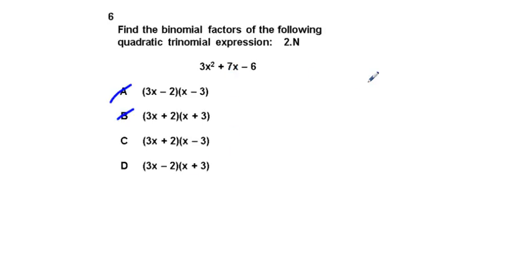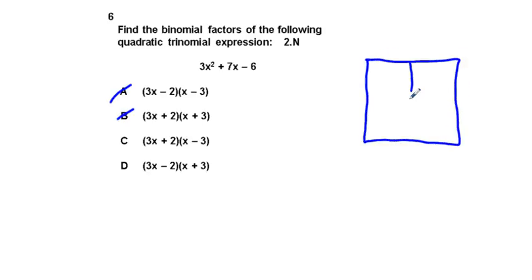You can factor and go straight to the answer as if you didn't even have an answer choice. And you can say 3x squared here and negative 6 here. Factors of 3x squared would be 3x and x. And factors of negative 6 are going to be negative 3 and 2, or negative 2 and 3.